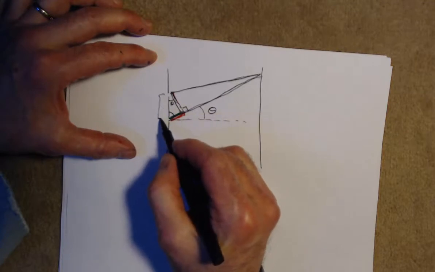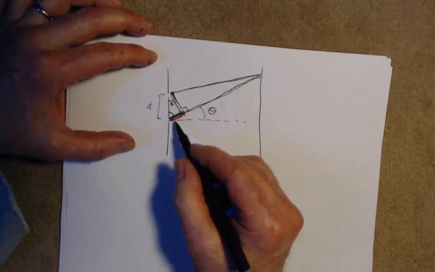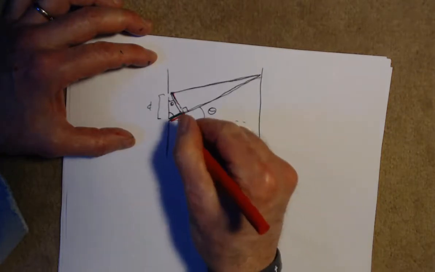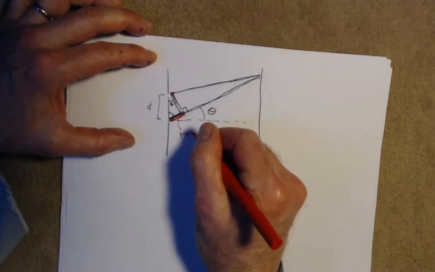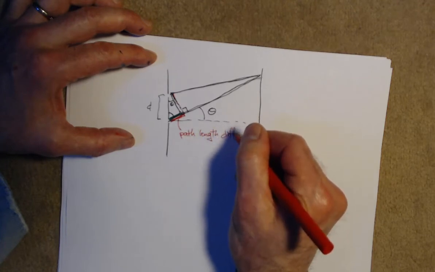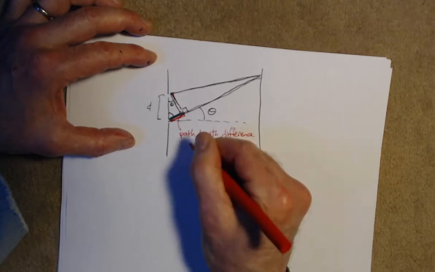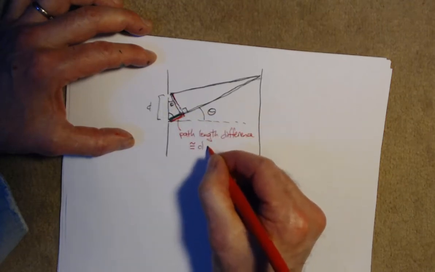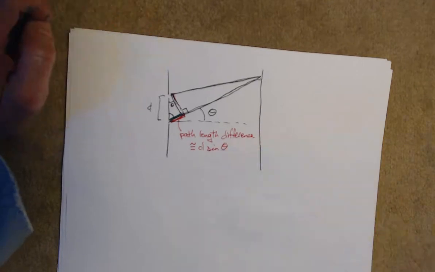And remember that the distance between the slits is D, so our approximation to the path length difference would be approximately equal to D times the sine of theta. Let's pause here.